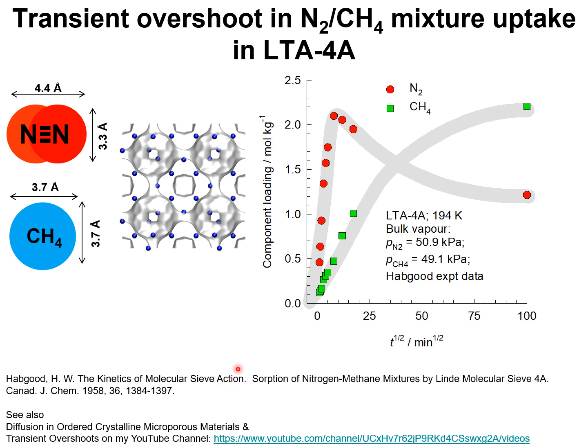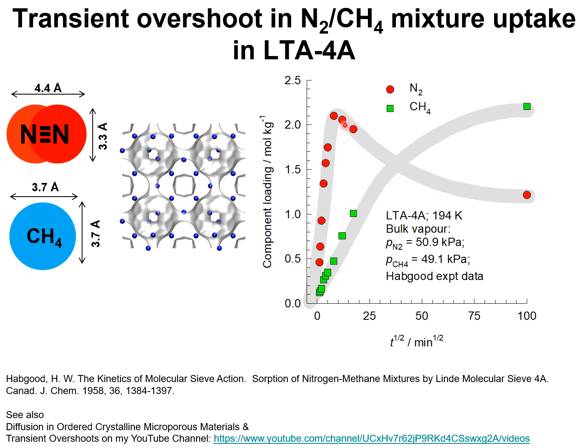Habgood in 1958 measured the transient uptake of a mixture of nitrogen and methane within the pores of LTA4A. The nitrogen uptake is shown by the red circles, and the green squares are the loadings of methane. Methane approaches its equilibrium loading in a monotonic manner, whereas nitrogen exhibits an overshoot in its loading as it approaches its equilibrium loading.